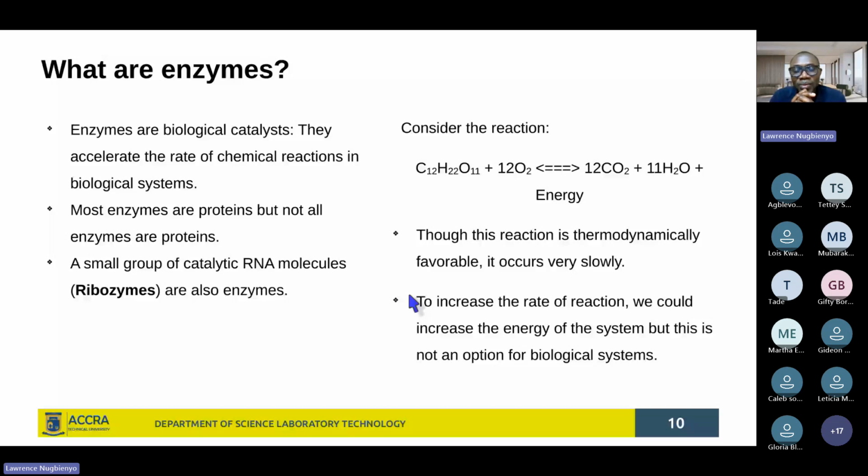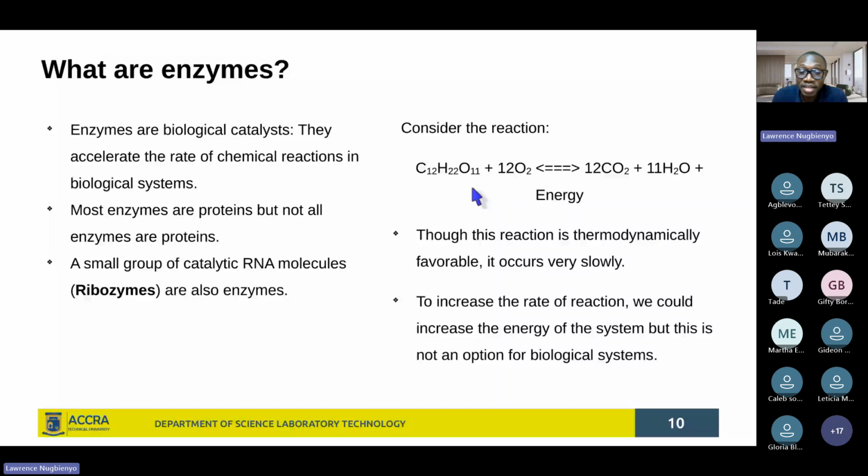Okay. Now, why do we need enzymes? Why do we need them? So there's a reaction that is on your screen. This reaction is a common reaction that you have known. You talk about it all the time that when you take in carbohydrates, the carbohydrates are broken down into carbon dioxide and water and gives you energy.